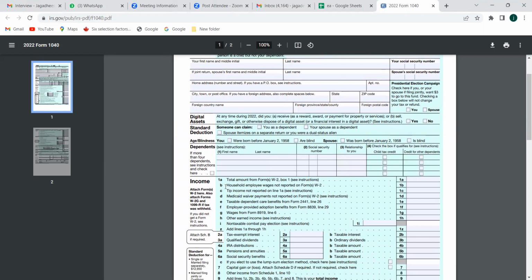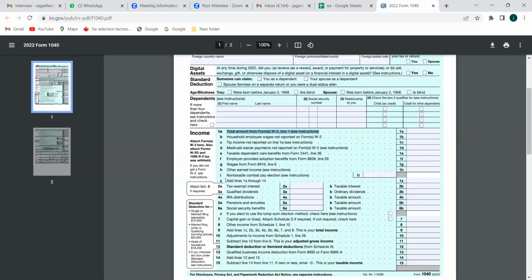Previously these B, C, D, E, F, G, H, I, Z were not there in the 2021 return. These are additional points here, but these are incomes only. They were clubbed in one first line previously, and now it is showing separately. These are the wages, so we won't focus on wages now. Now the income is the taxable interest income.